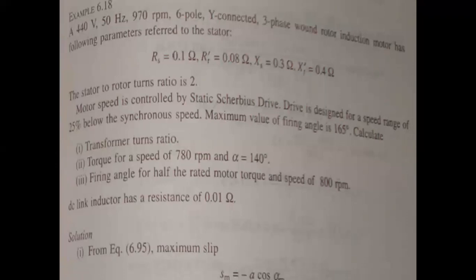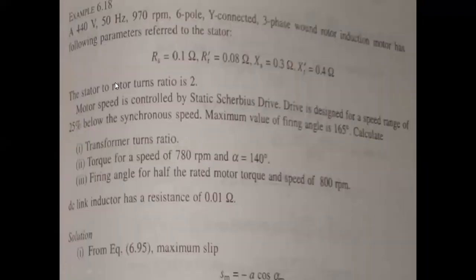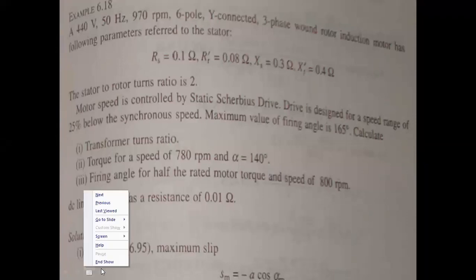Okay, so see here, we know that Sm is equal to minus A cos alpha m. You know that formula, Sm is equal to minus A cos alpha m. That is the maximum slip. So actually this drive is driven at the speed range of 25% below the synchronous speed, below ns.